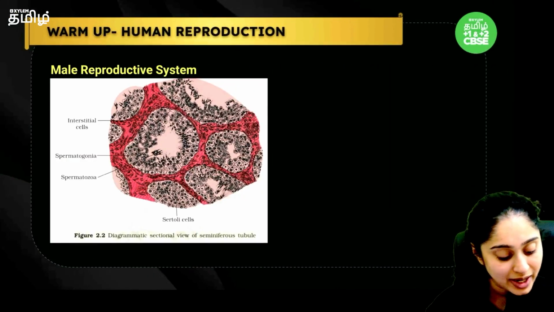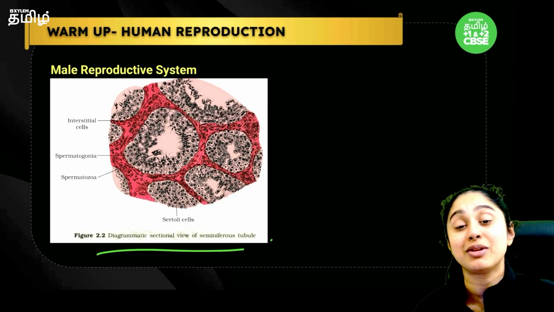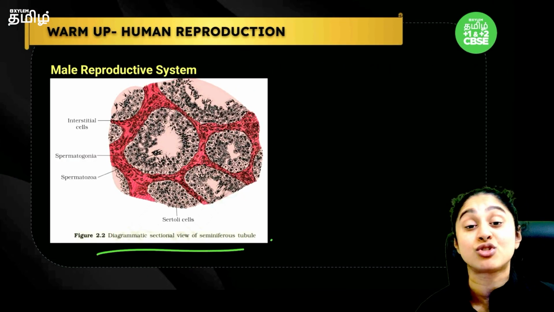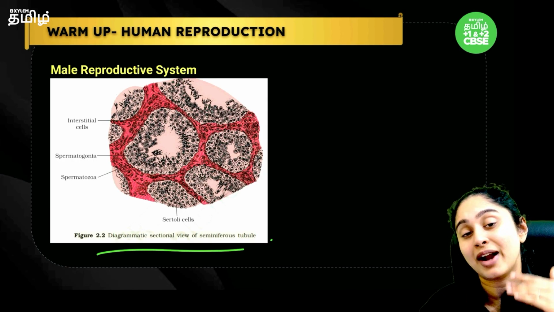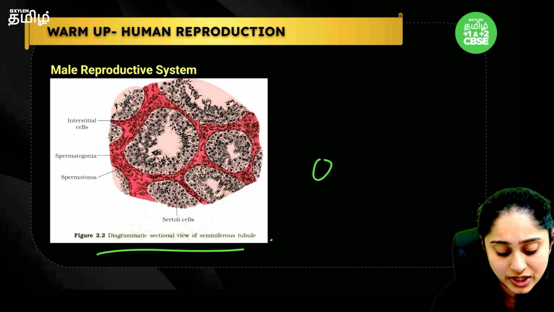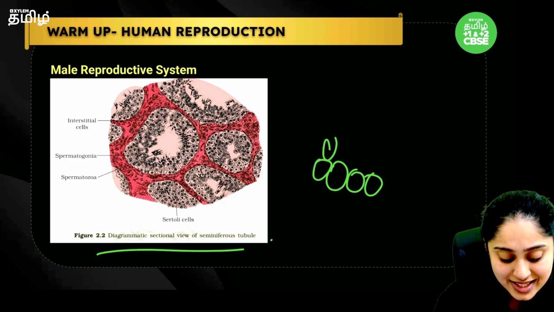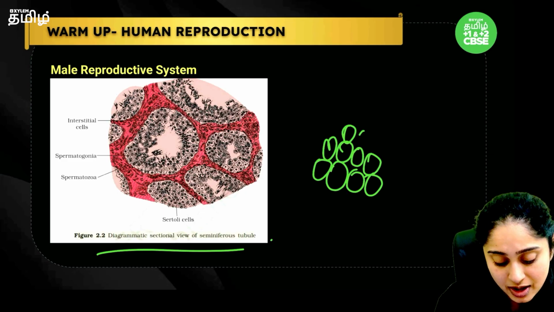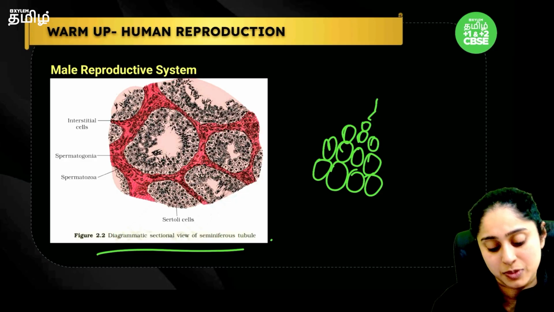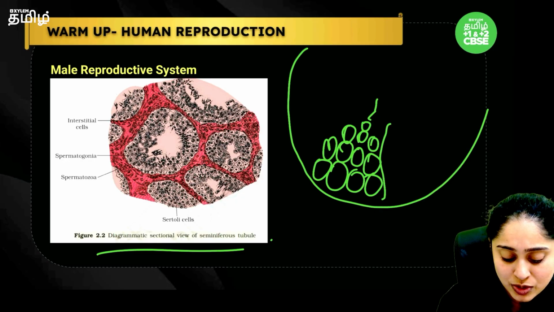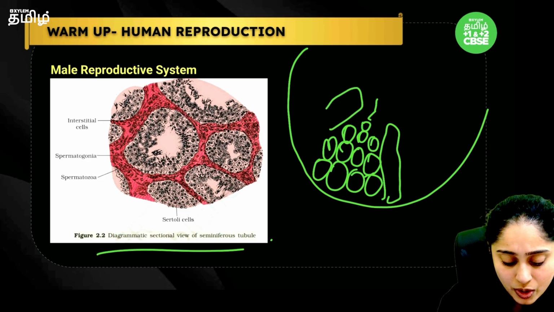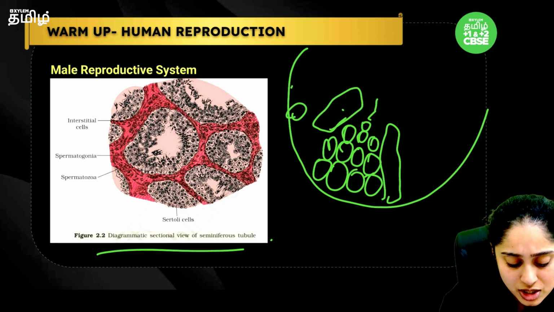Clear, everybody? Now when you see the sectional view of the seminiferous tubule, again you may not have to draw this to the point, but yes, when we talk about spermatogenesis, you will now know the different kinds of cells, the different stages of cells that are there before the sperm is produced. So you can just practice one sectional diagram which will involve the Sertoli cells and some of the spermatogonia.